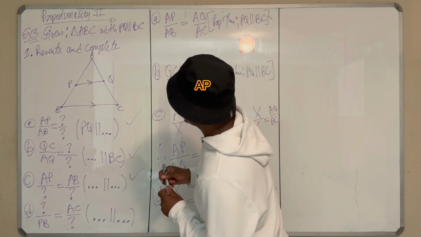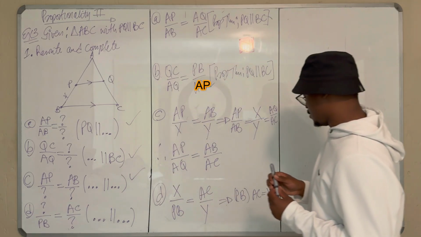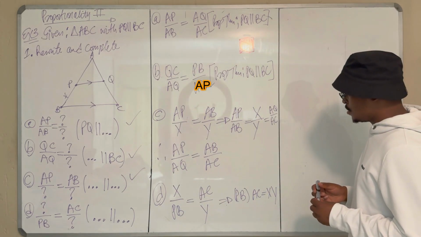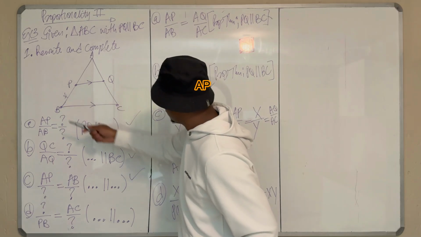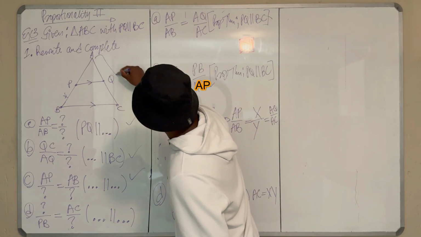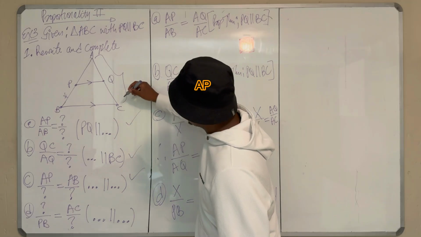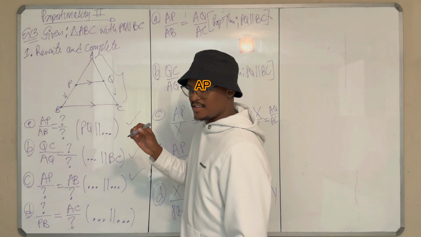PB is this part here, times AC. PB is just this part, times AC, which is that entire side there. So it's going to be this one and that entire side. Does it make sense?